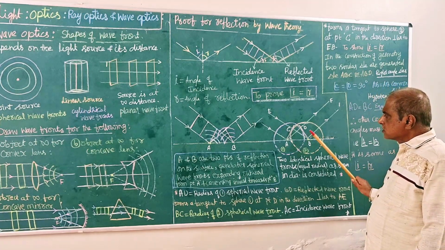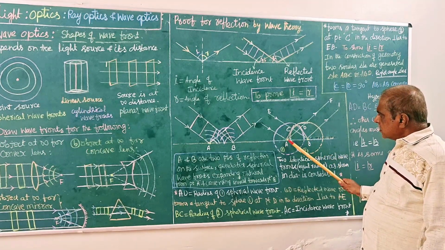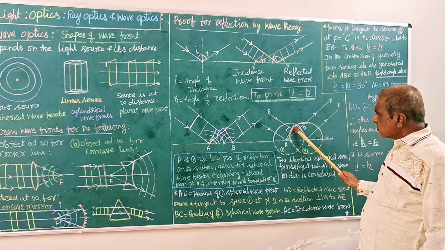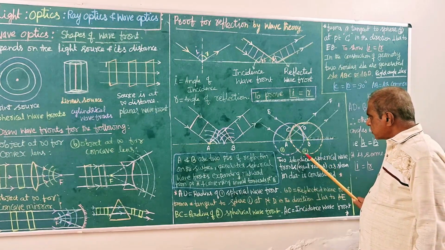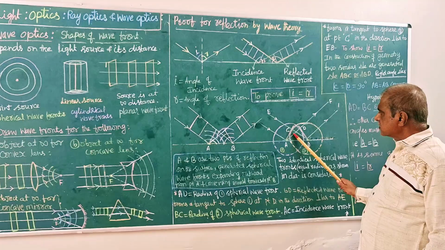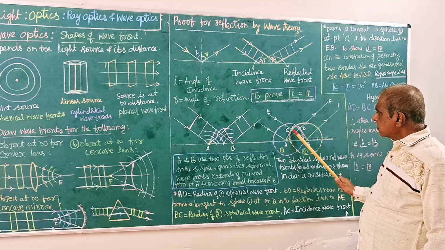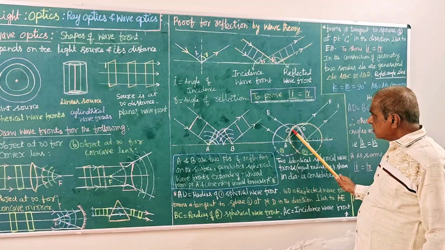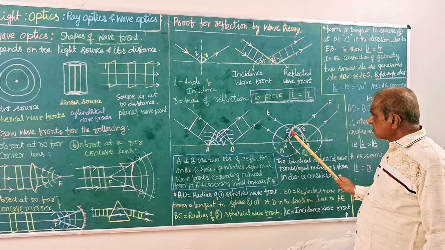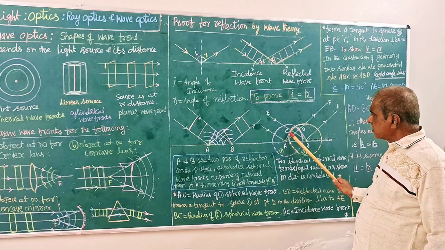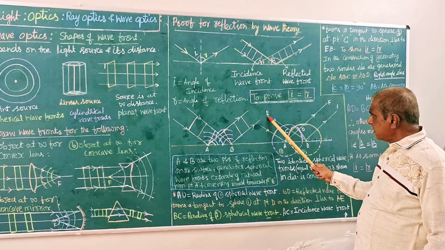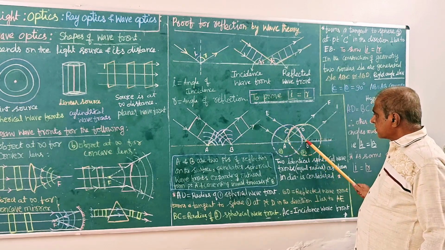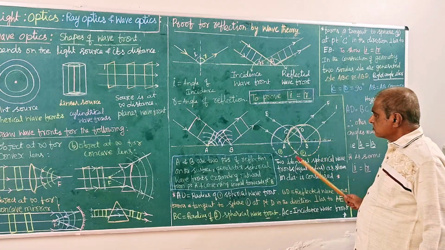This is the one we need to understand carefully. The incident wavefront is the tangent to the spherical wavefront at the point C, and the tangent is perpendicular to the ray, in the direction like this.